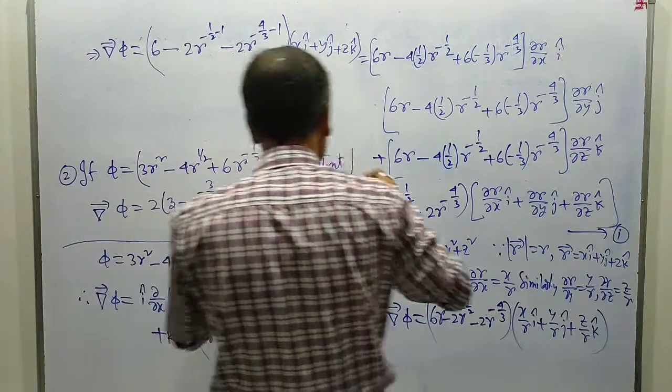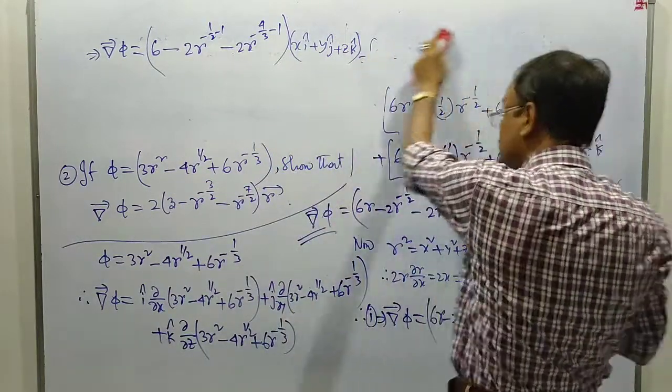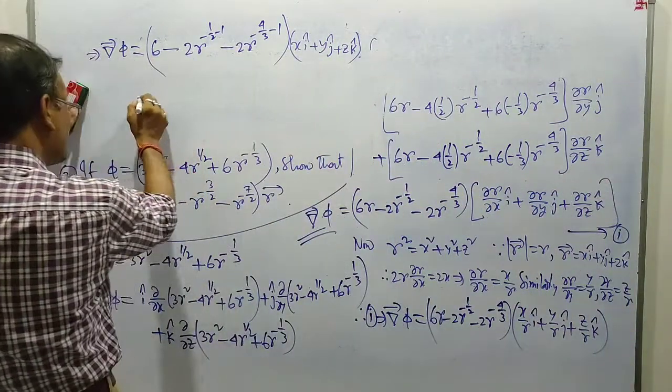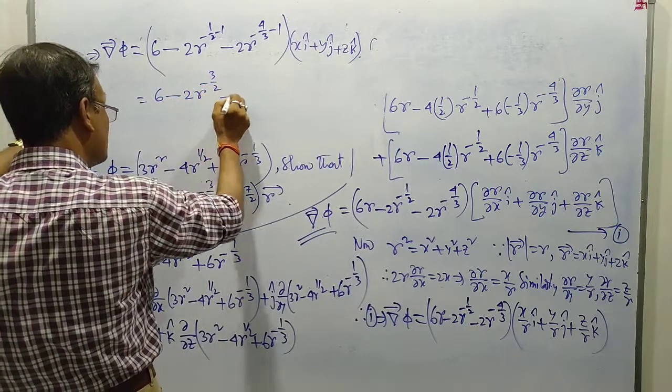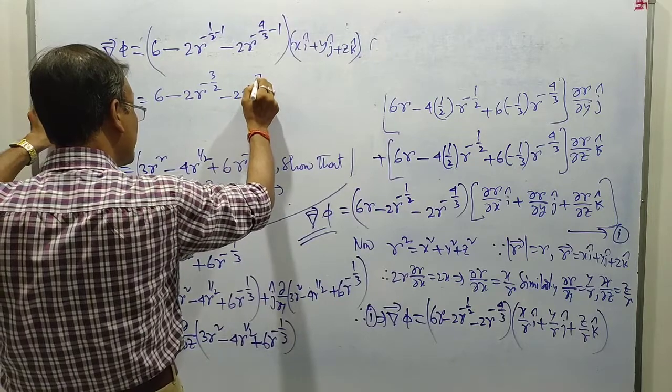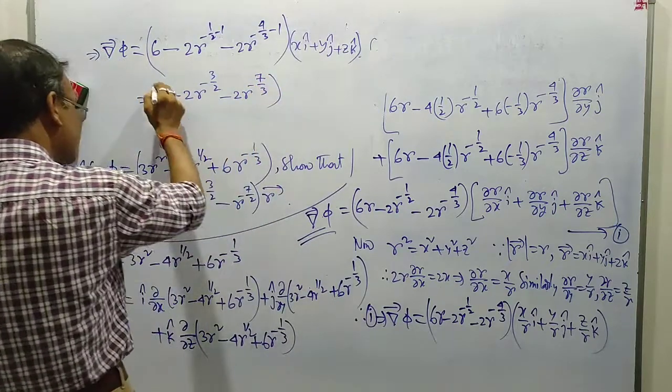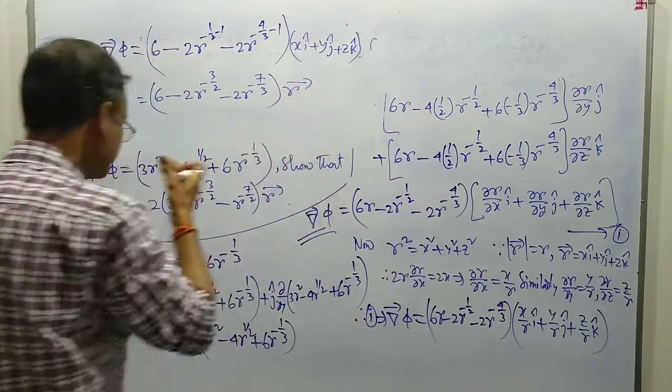This is equal to (6 minus 2 times r to the power minus 3 by 2, r to the power minus 7 by 3) r vector.